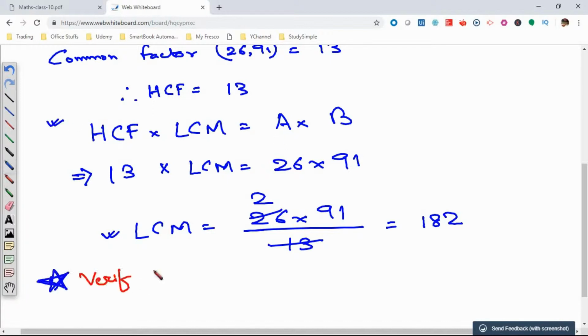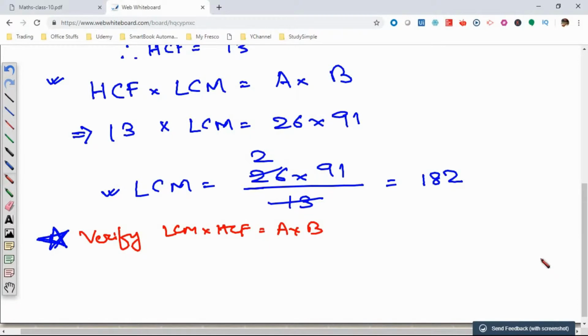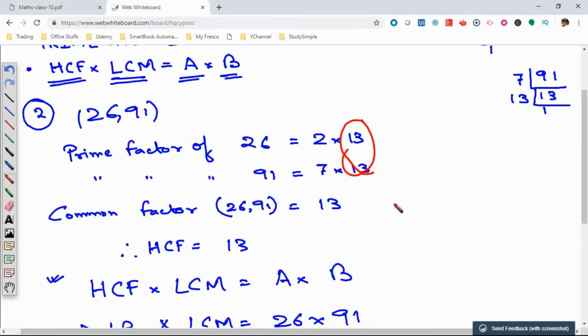But if we need to verify LCM into HCF equals A into B, we need to find the LCM of those two numbers separately. Suppose this formula is not there, how can we find the LCM? We write the LCM as 2, 7 and 13, which means 182.